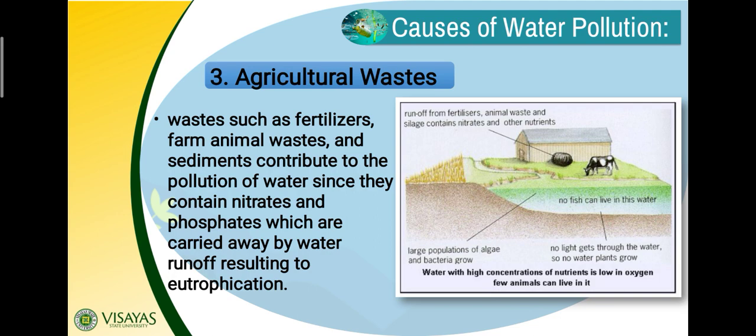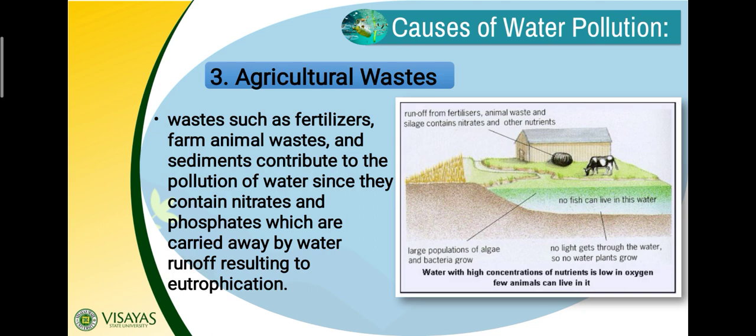Lastly, we have agricultural waste, such as fertilizers, farm animal waste, and sediments, which contribute to the pollution of water. This waste can move to adjacent water bodies, especially after raining, as it is carried away by water runoff.